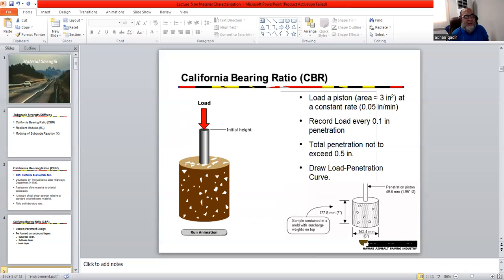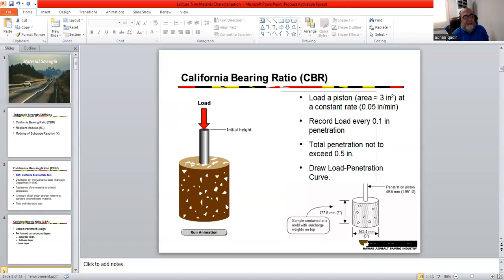Normally, the total penetration does not exceed 0.5 inch, and if the sample is exceeding 0.5 inch, we stop the test at 0.5 inch.